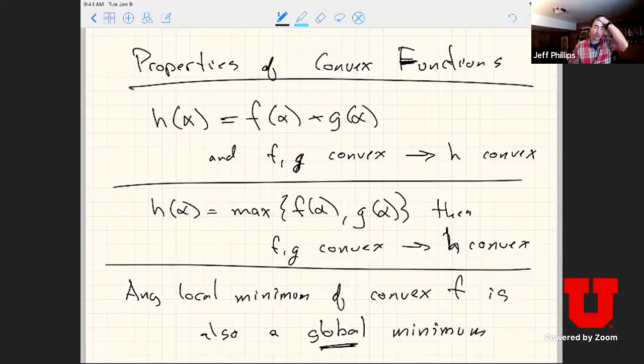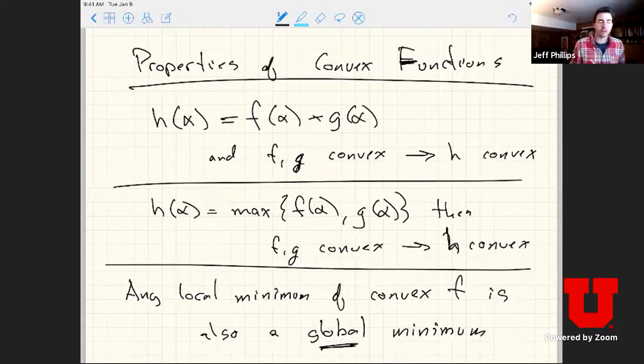So if I have a convex function and I found a local minimum, right? I found a spot where in every direction I go, it's increasing. I know it's the global minimum. It means for a convex function, there's only going to be a single minimum, and it's going to be the global minimum.